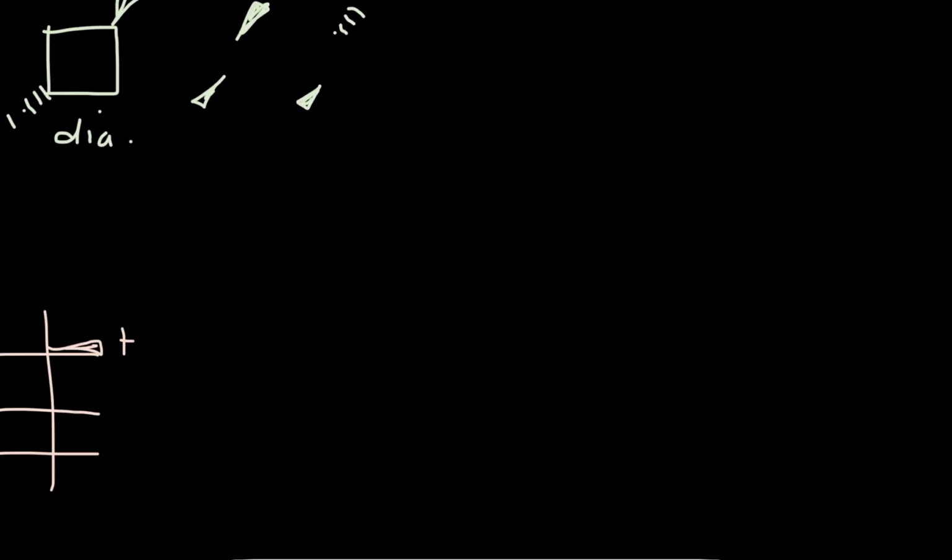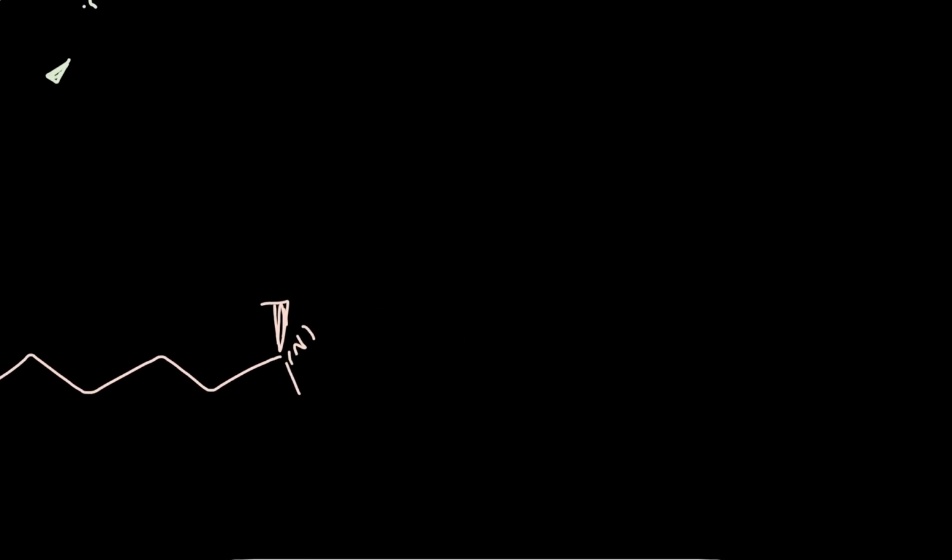And one other thing is, let's say you have a long complex molecule and it ends with something like this. Or if you just have something that looks like this, and then you have some molecules on each of these ends.